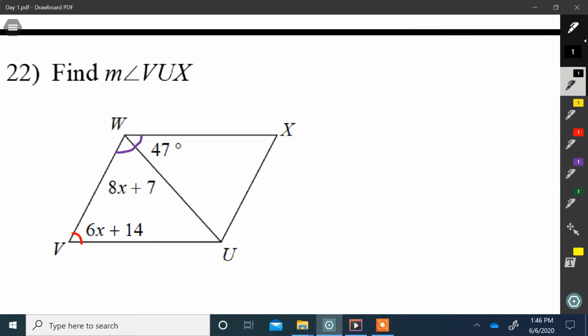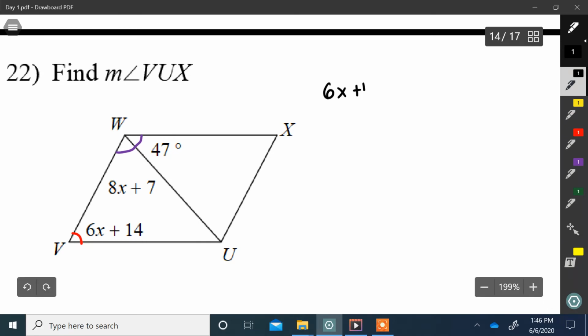That is how we're going to set up the problem. So 6x plus 14 plus 8x plus 7 plus 47, that better add up to 180 degrees.